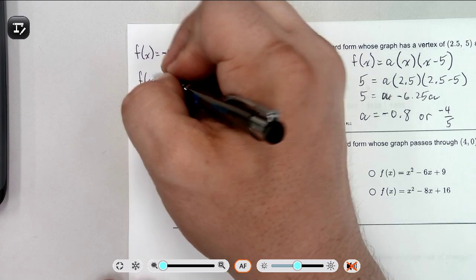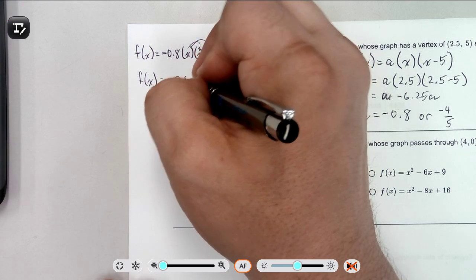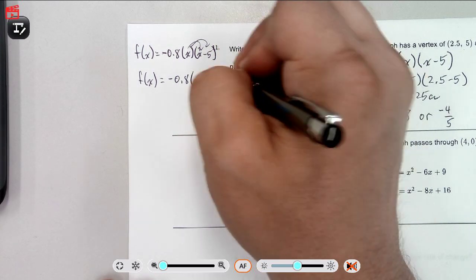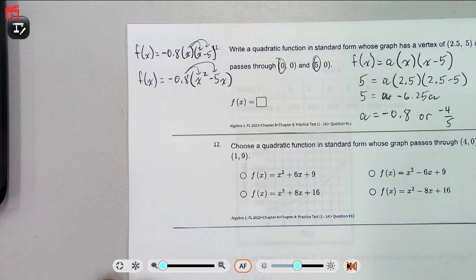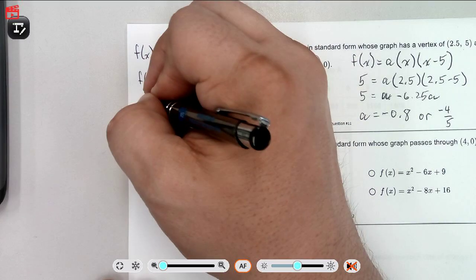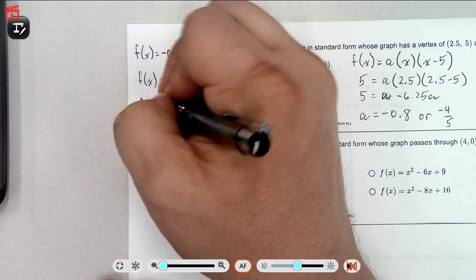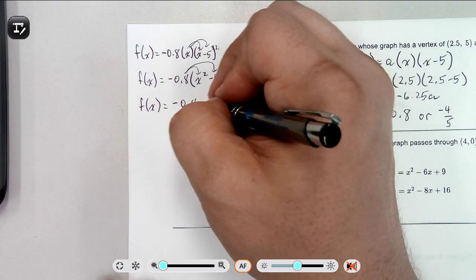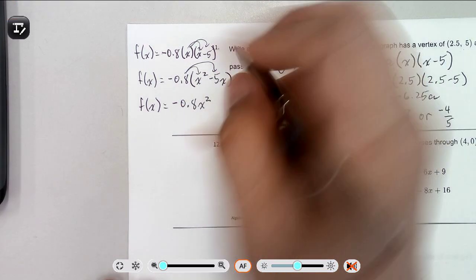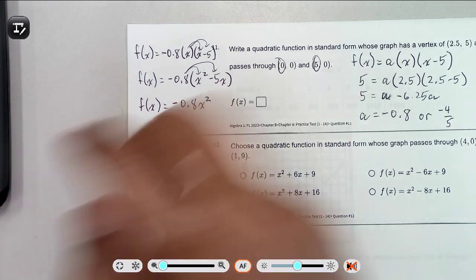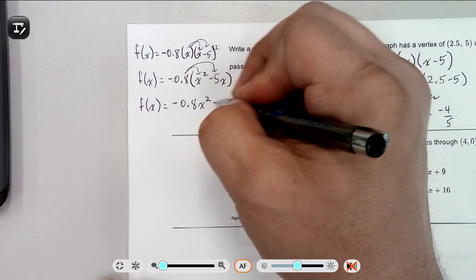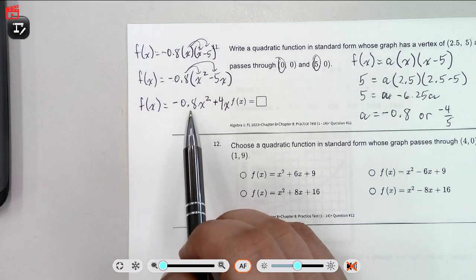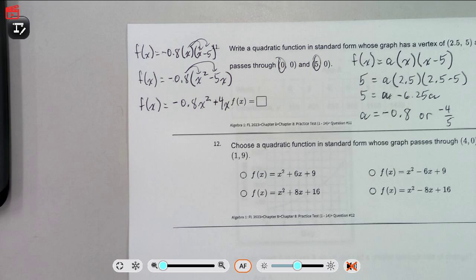F of x is negative 0.8 x squared minus 5x, and then we're going to multiply the negative 0.8, so f of x equals negative 0.8 or negative 4/5 x squared plus 4x. There's your standard form. Negative 0.8 or negative 4/5 x squared plus 4x.